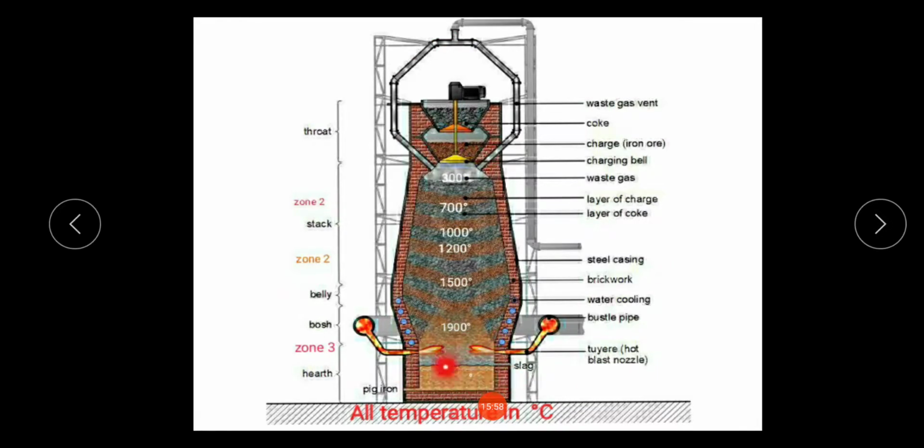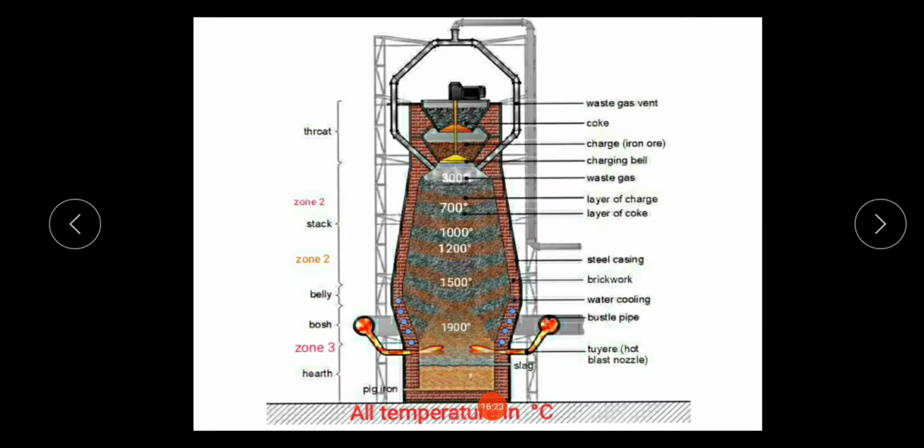This is the earth, and in this earth there is a molten metal which is represented by the brown color, and above this molten metal the slag floats on it, and the slag is represented by grey color.